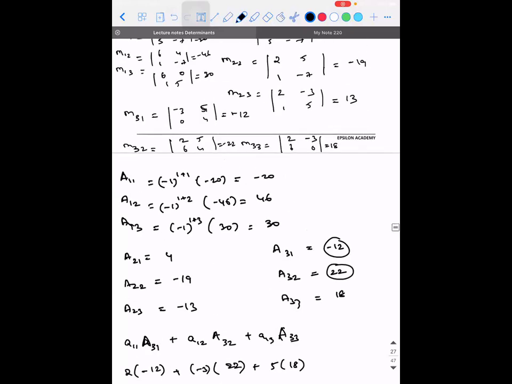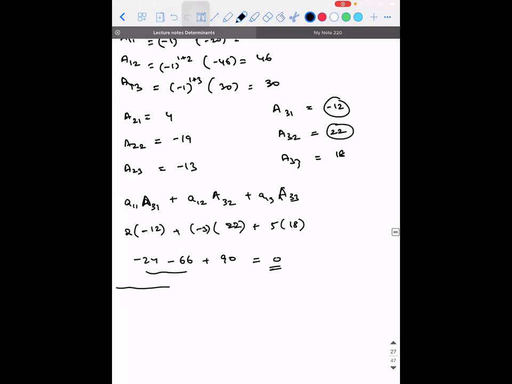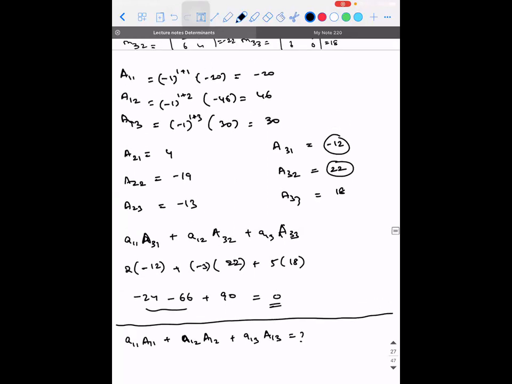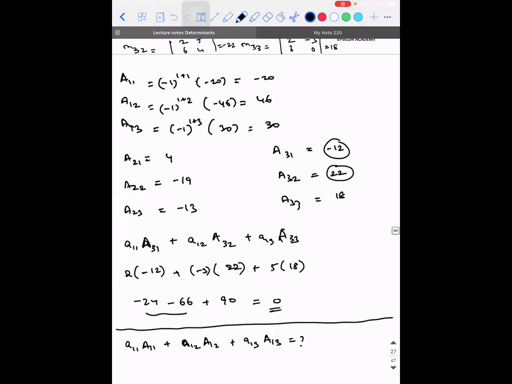Right. Now, I want you guys to find out what is the value of A11 into A11 plus A12 into A12 plus A13 into A13 and tell me. Can you make it fast? So write down this part.